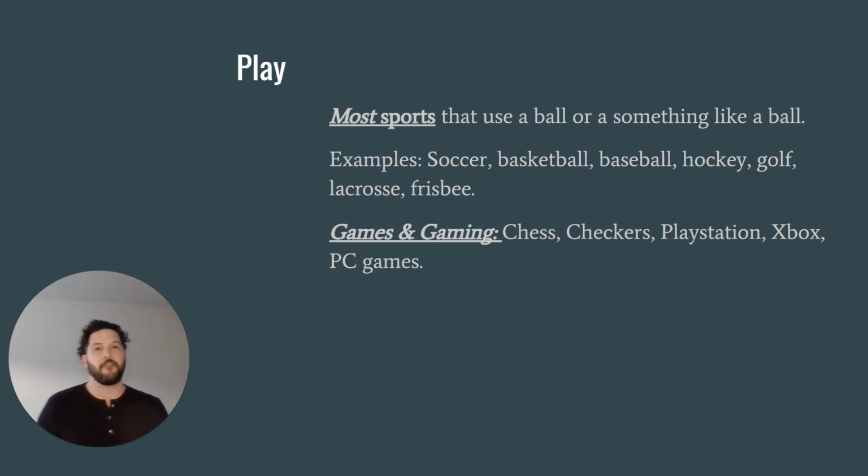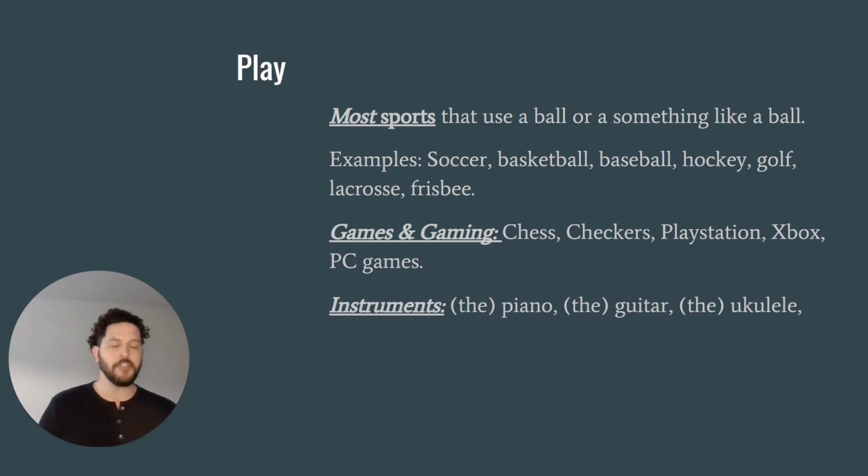We use play for games and also for gaming, which has become much more important in the past many years. So you can play chess, you can play checkers, you can play PlayStation, like me, you can play Xbox, like other people, and you can play PC games. Also, we use play for instruments.